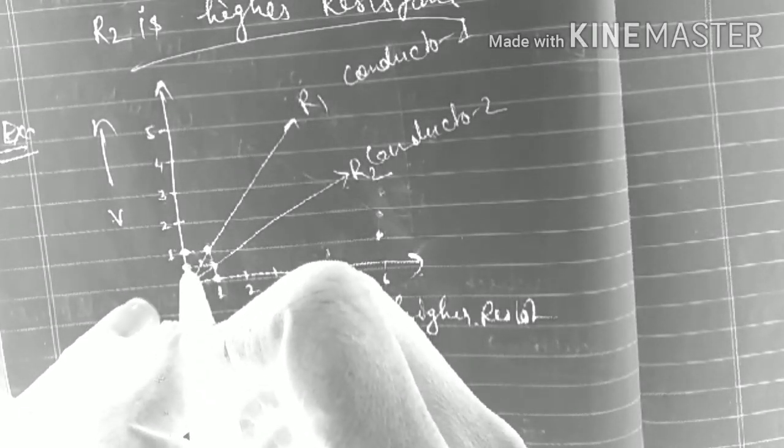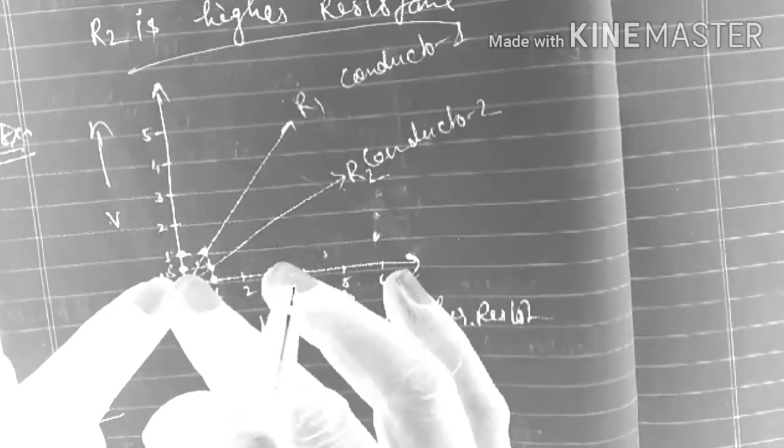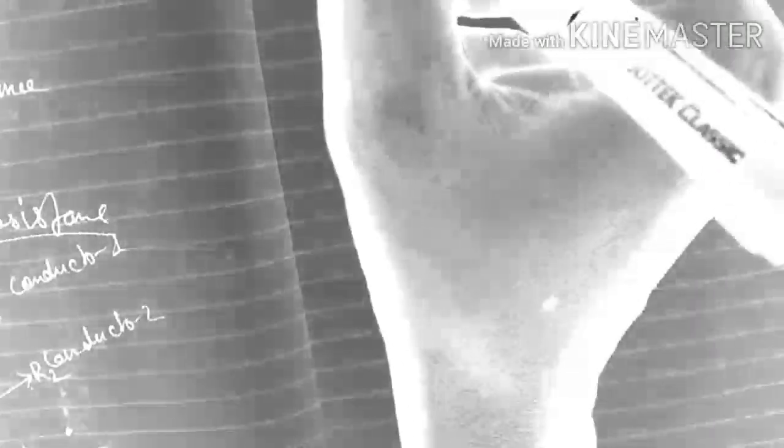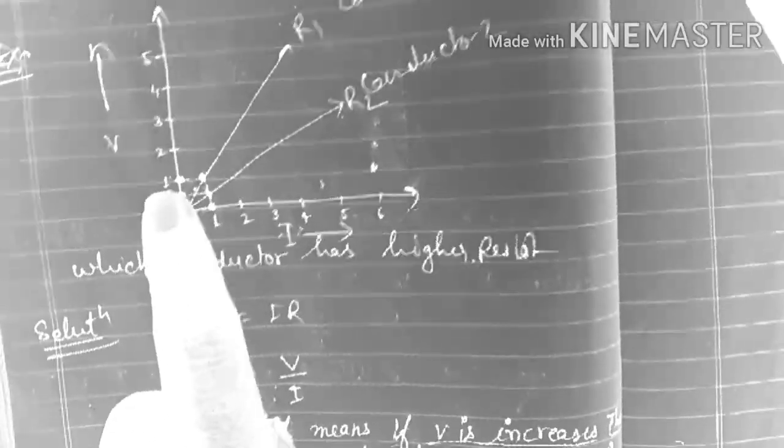That means this is, I think, 0.5. That means for the resistance R2, V is equal to 0.5, and for the resistance R1, V is equal to 1 volt.